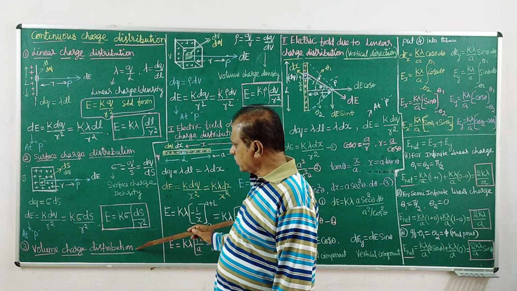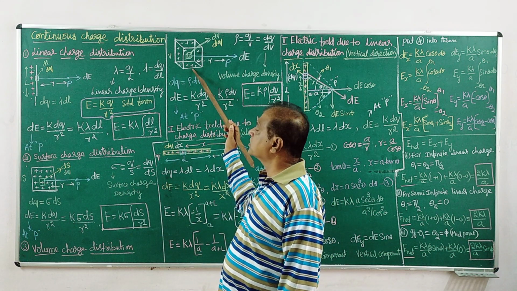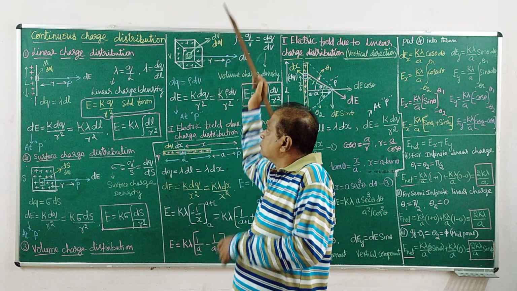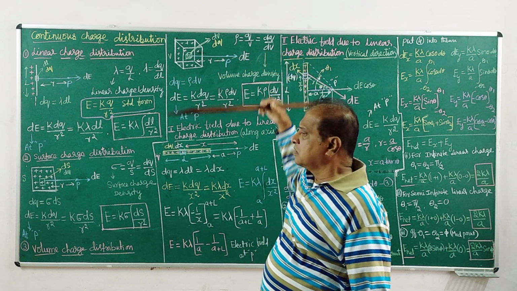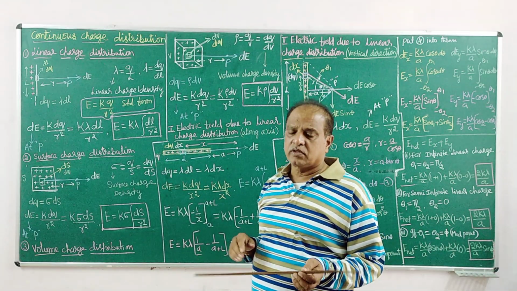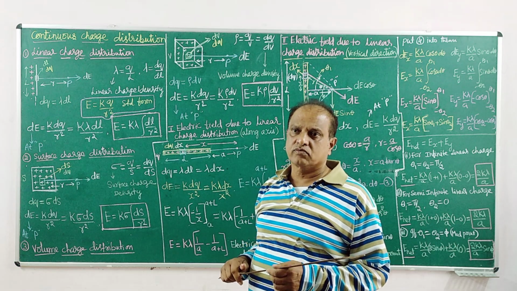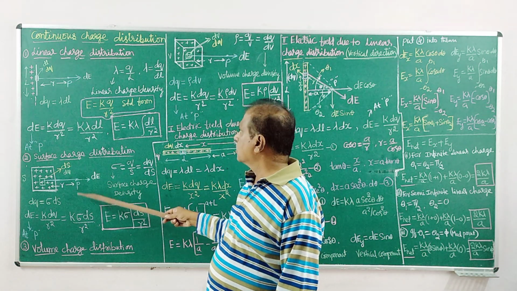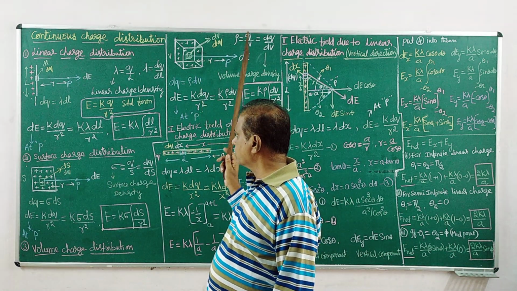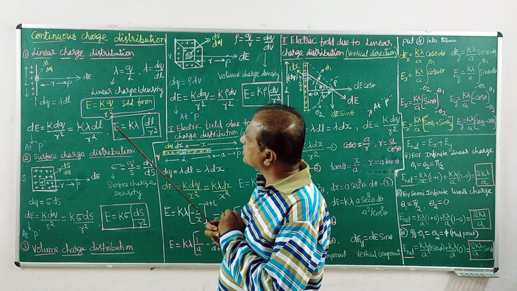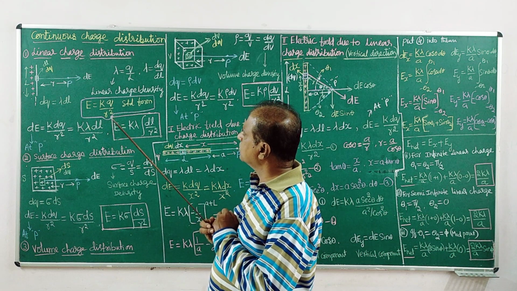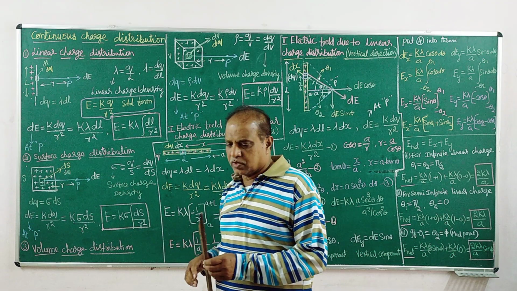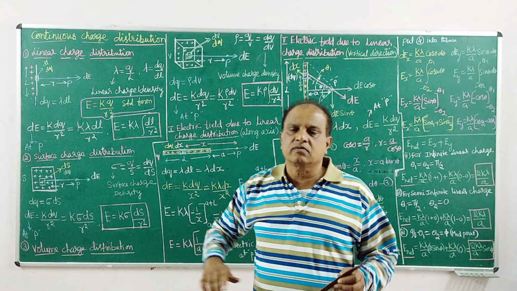If the charges are distributed in three dimensions, any shape like this, it is called volume charge distribution. So it depends on the shape of the object on which the charges are distributed, maybe a linear shape, a two-dimensional shape, or a three-dimensional shape. These are the three possible types we expect.